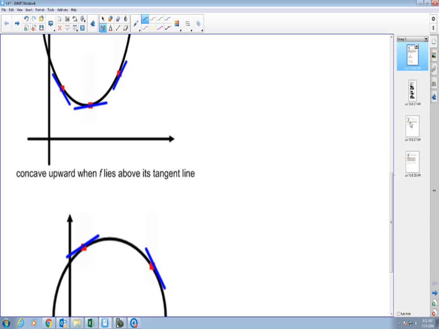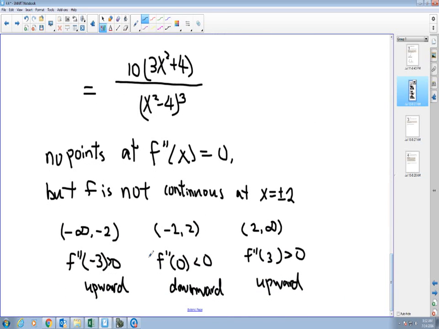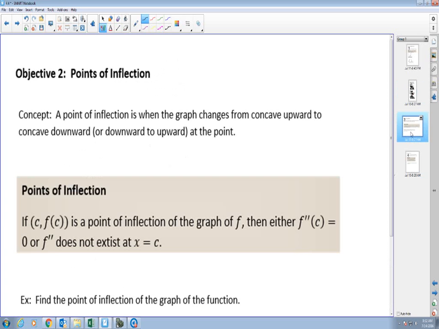Sometimes the graph can go from concave upward to concave downward. Where it changes, that point is called the point of inflection. A point of inflection is where the graph changes concavity.